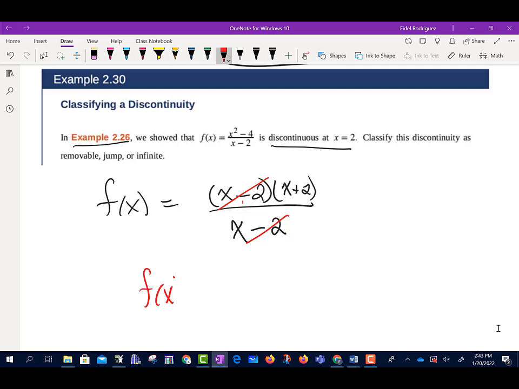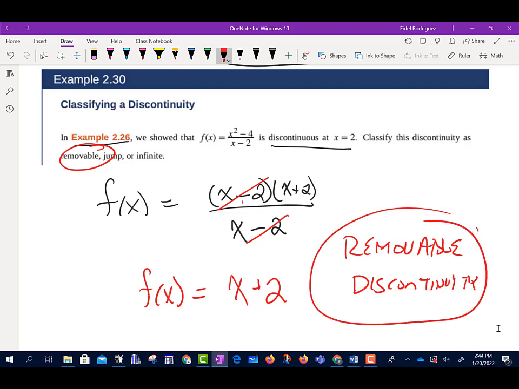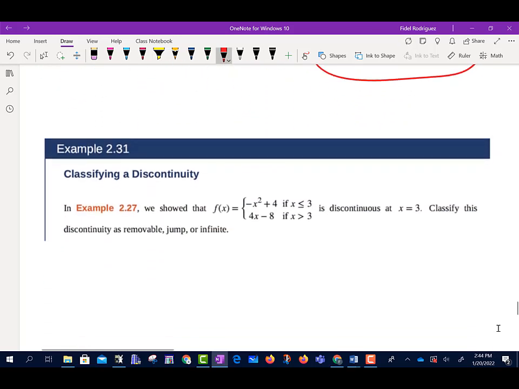What did we do? We removed the common factor, right? So this would be a removable discontinuity, okay? Because we removed that common factor, okay? I hope that kind of makes sense.